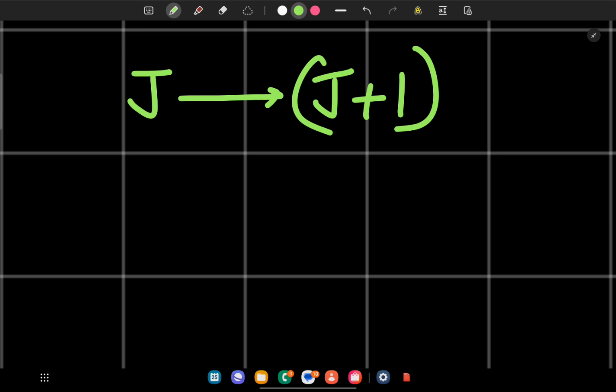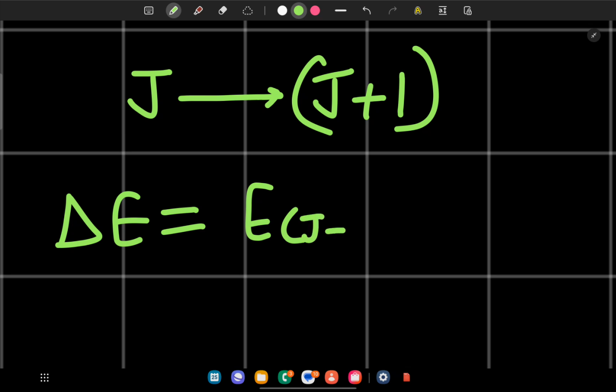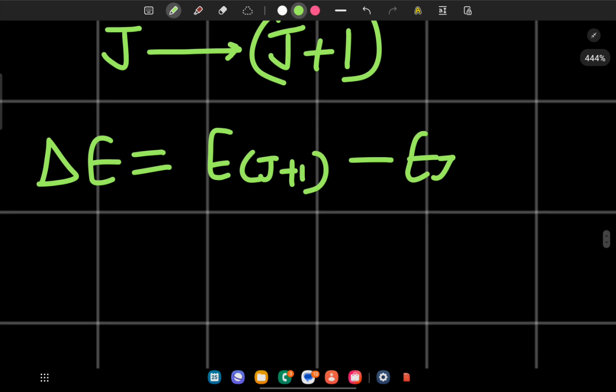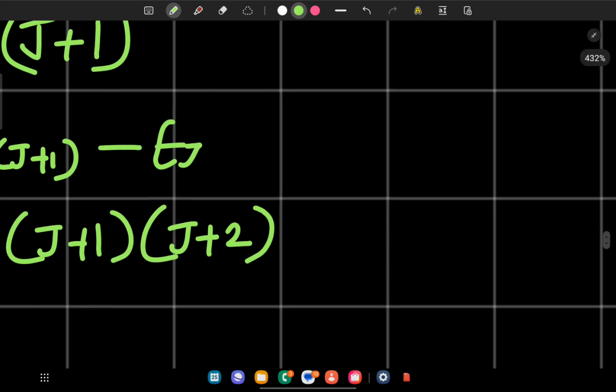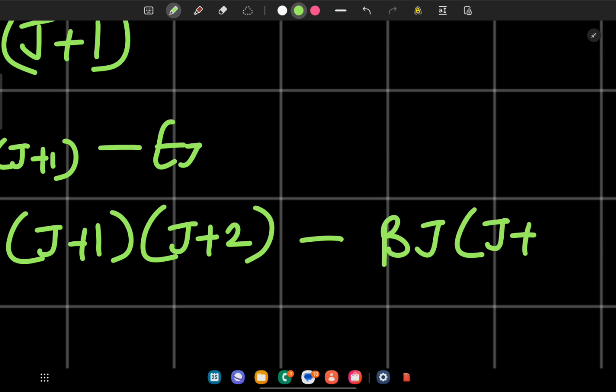energy levels. Let us write it as delta E. What will delta E become? Higher to lower we are doing, so E of j plus 1 minus E of j. Basic mathematics. E of j plus 1 will be beta into j plus 1 into j plus 2, minus beta into j plus 1.